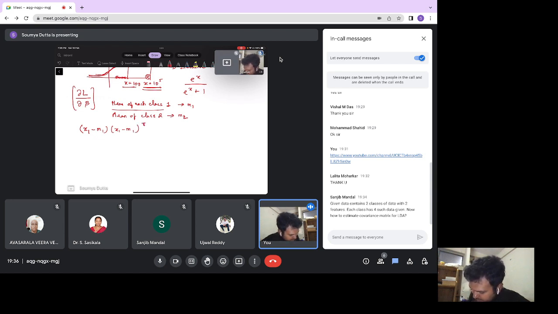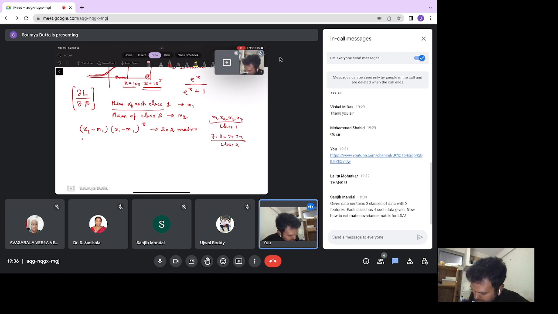This will be a 2 cross 2 matrix, because your data points are all two-dimensional. If x1, x2, x3, x4 are your class 1, and similarly y1, y2, y3, y4 are your class 2.